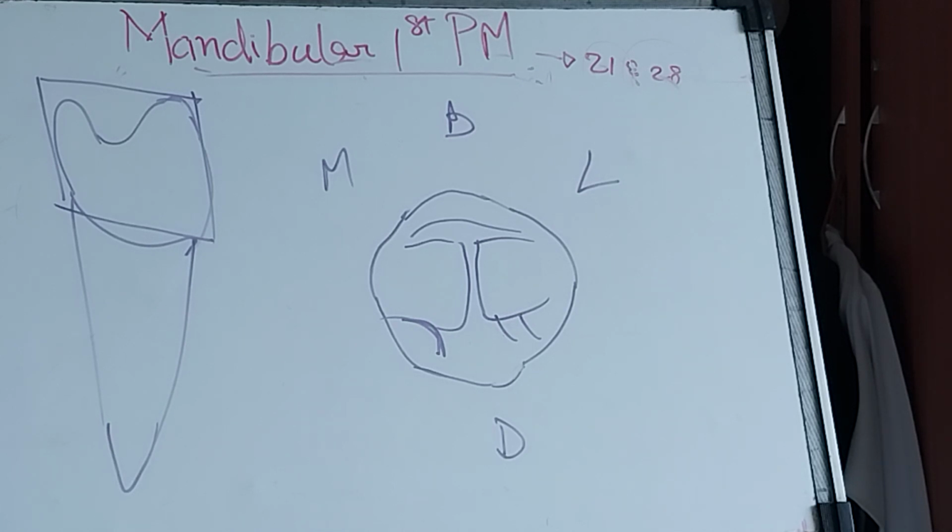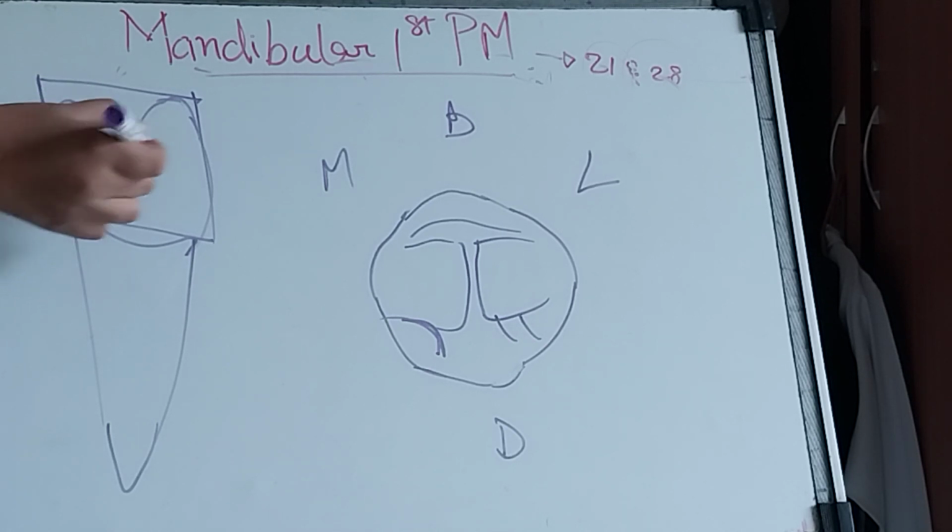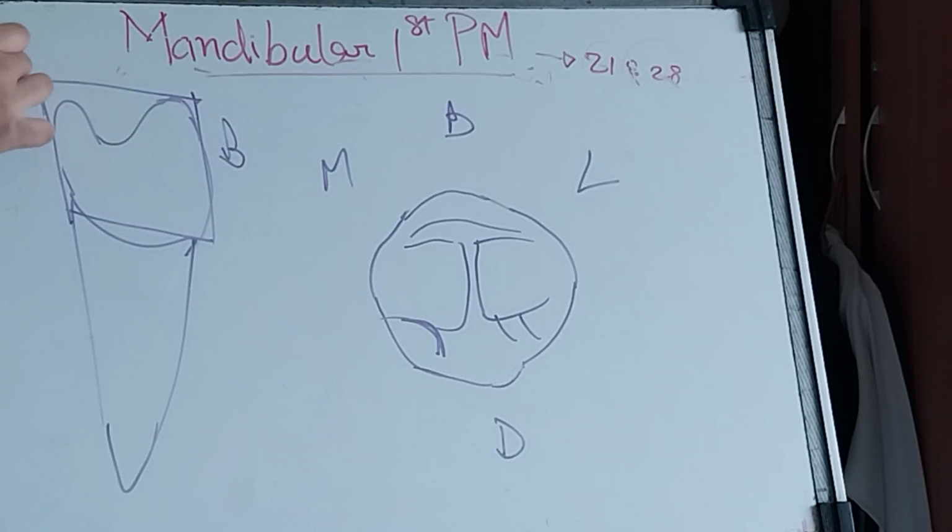What did we see in the mesial? Let's just discuss it again. The buccal outline is marked by the convex from the cervix to the buccal tip. So it is over here. This is buccal and this is lingual.